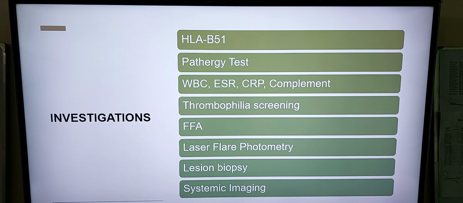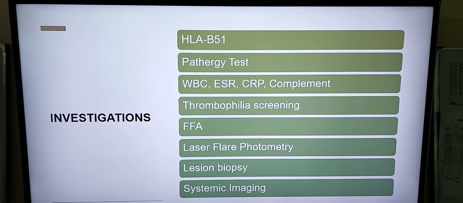So, investigations that can be done: first of all HLA-B51, which is the investigation of choice in these patients. Most of the patients who have an ethnic probability to develop Behcet's disease test positive for HLA-B51.